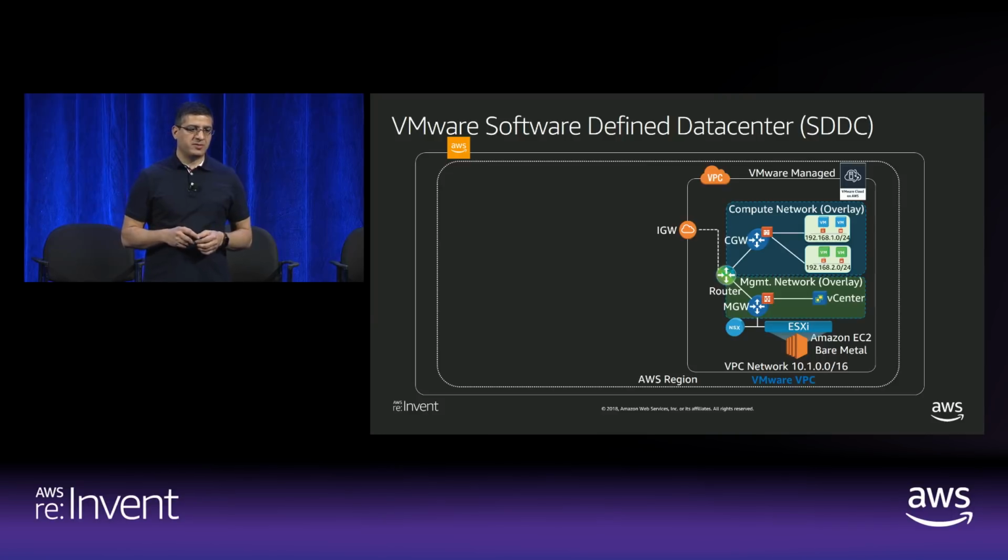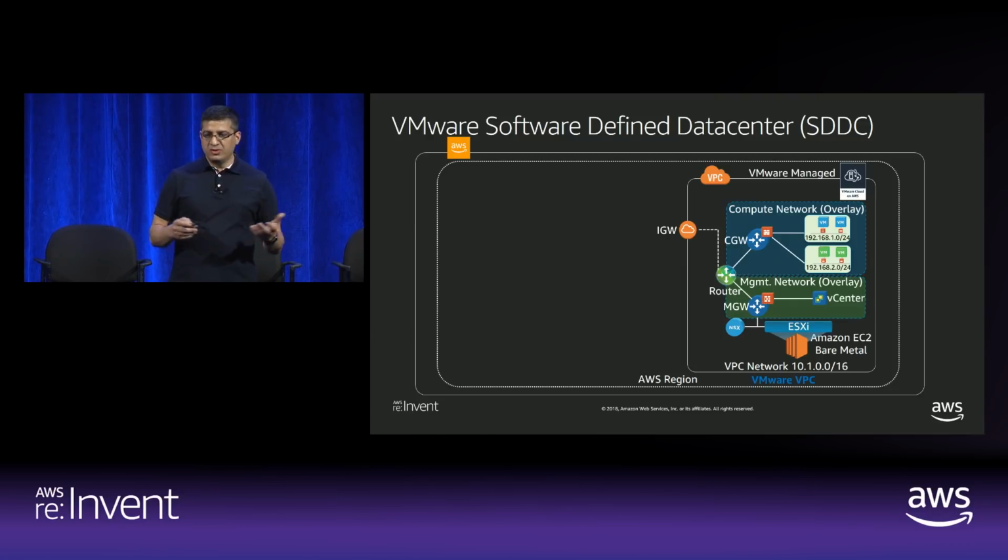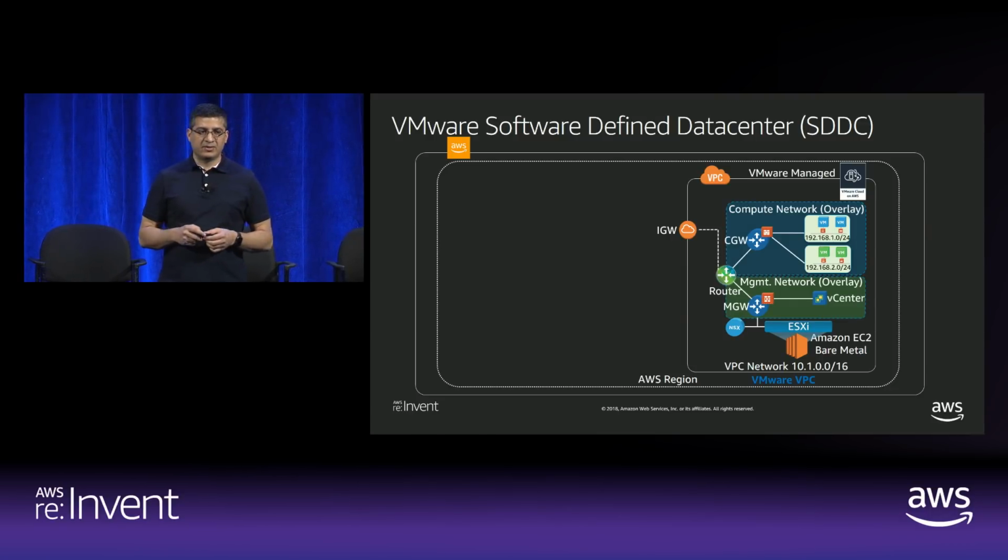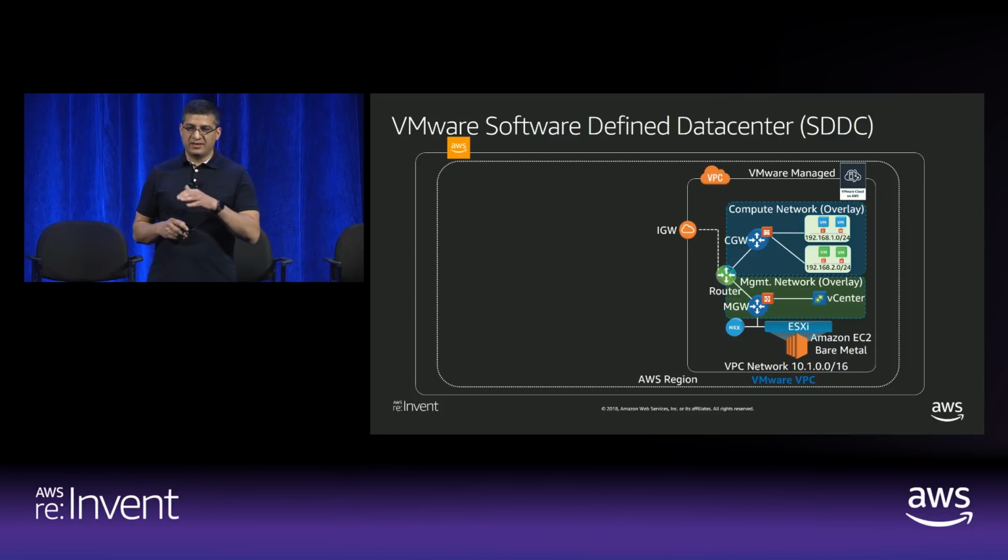The purpose, of course, is to provide public connectivity. This could be public connectivity to the management components like vCenter, or public connectivity to the VMware VMs that the customer creates and chooses to associate a public IP address to the overlay IP address. Remember, that's not the standard EC2 address, that's the overlay address provided by NSX. So that traffic will flow through the internet gateway.